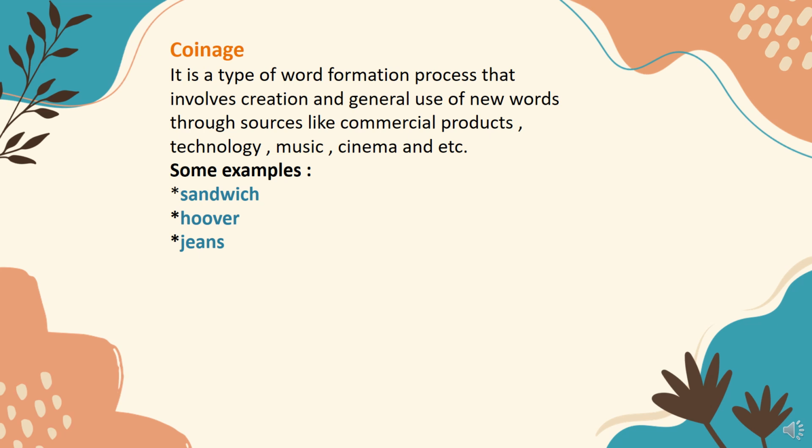Like Hoover is used for all types of vacuums. Although Hoover is one type, we normalize it as a word. Jeans, all the pants and pantaloons, we call them jeans. And sandwich, we normalize sandwich for burgers and chicken. It's a sandwich.